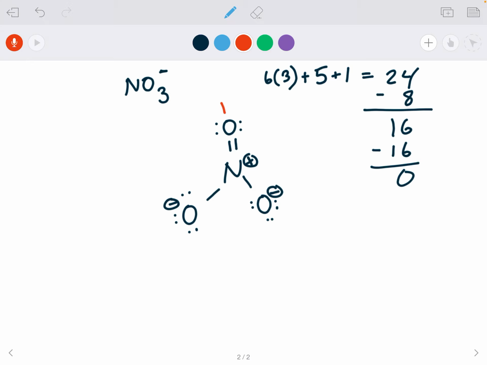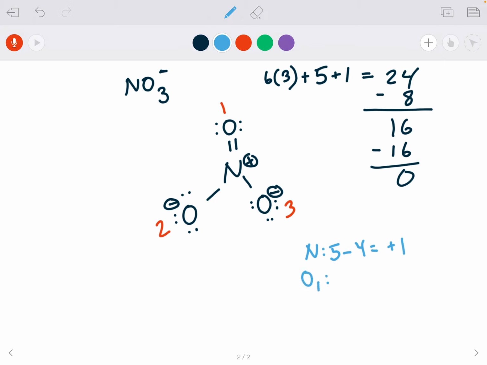I'll label this as oxygen 1, 2, and 3, and then we just have the 1 nitrogen. So nitrogen here has 5 valence electrons, but then there's only 4 bonds to the nitrogen. So we have 4 single bonds, or we have a double bond, 2 single bonds, but you can think of it as 4 single bonds. So I get 5 minus 4 to give me positive 1.